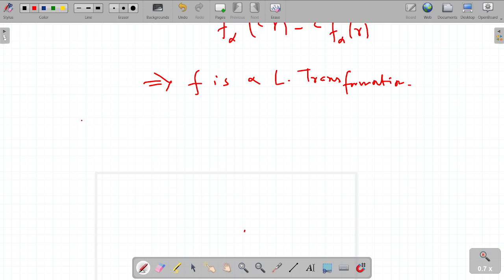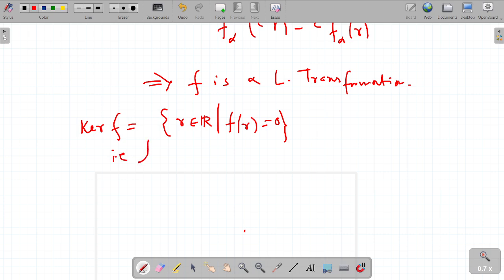Since f is a linear transformation, we can talk about the kernel of f. Kernel is basically all such r belonging to R such that f of r equals 0, that is, all such r belonging to R such that alpha r equals 0.